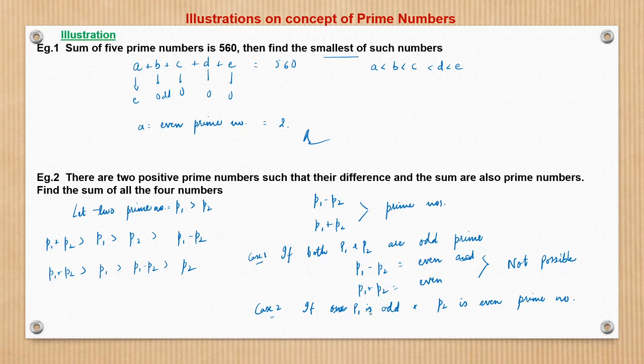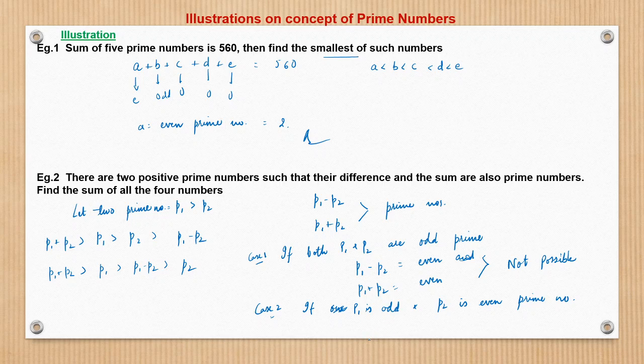And only one even number is a prime number, that is 2. And P2 being smaller, P2 can take only 2 as a possible number, and P1 can take any odd prime number. So in this case, P1 minus P2 will be odd and P1 plus P2 will be odd. Therefore, this satisfies. So P1 minus P2 can be an odd prime and P1 plus P2 can be an odd prime.